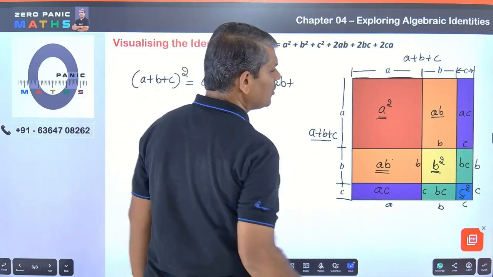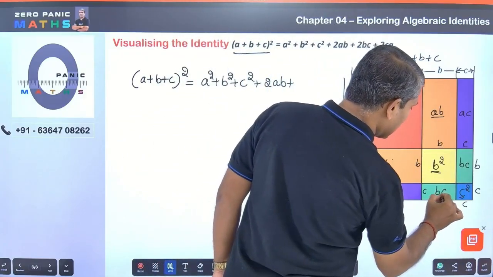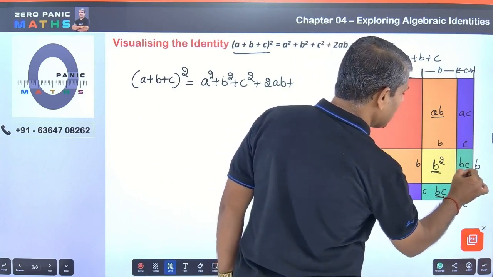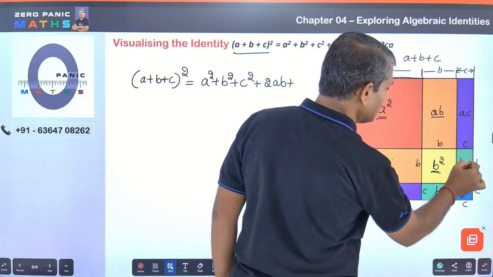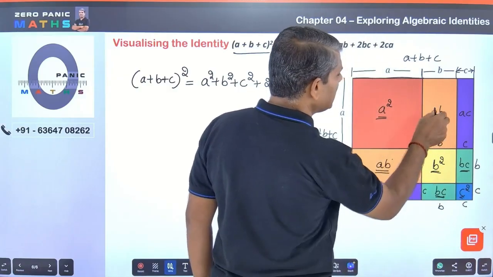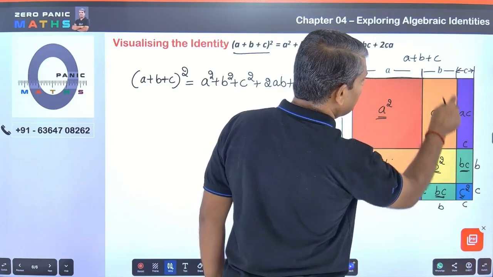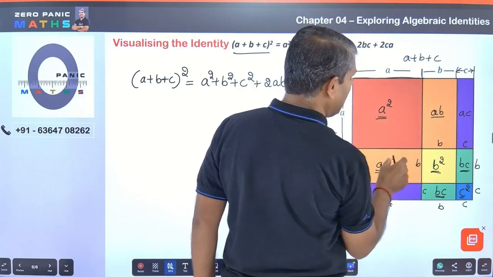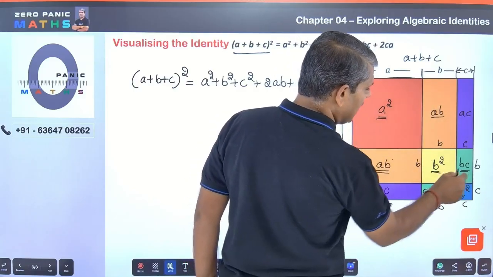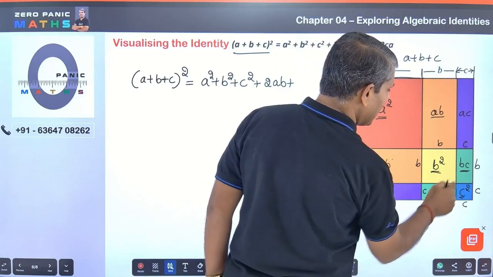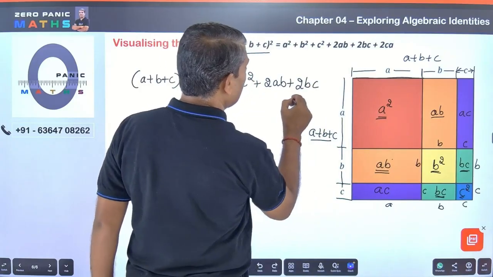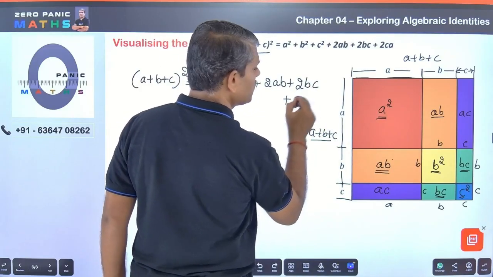Similarly, we have a rectangle with area bc, and another, the green rectangles, bc and bc. That is the reason they are filled with the same color, which have the same areas. ab, ab same area; bc, bc same area, so it is 2 bc. Finally, we also have 2 times ac.